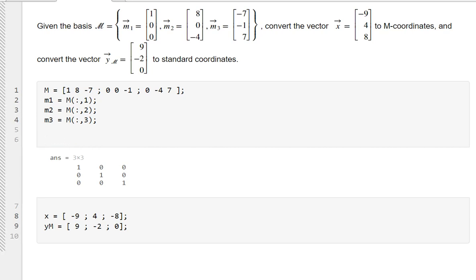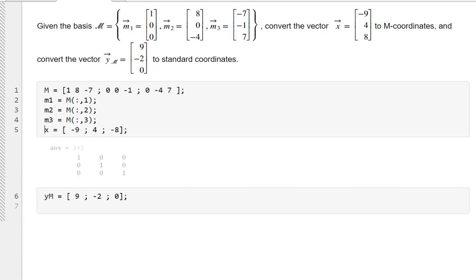Okay, so now we're going to do the same thing. We are going to convert a vector that's in standard coordinates to the m coordinates. And how do we do that? Well, let's see. I have the x vector here. Make sure that we have the right one. -9, 4, and -8 are its components.